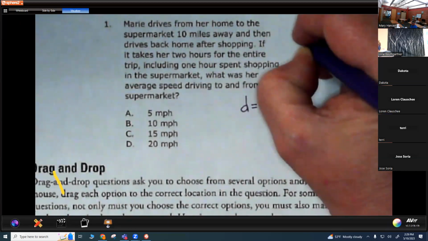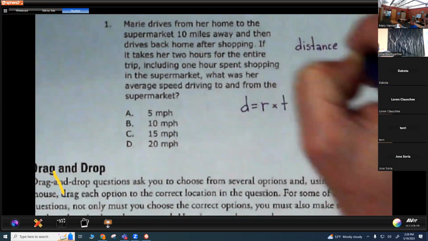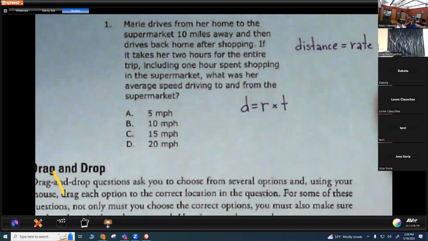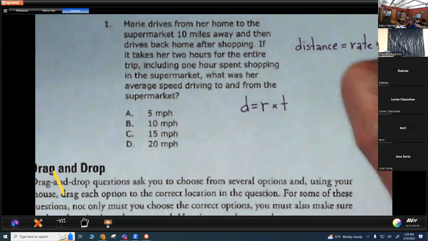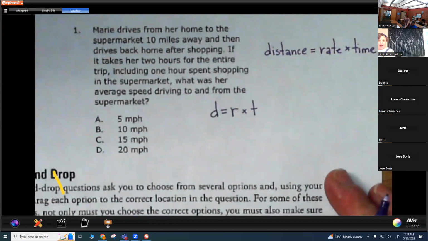So we know that the total distance traveled is equal to the rate of speed you're traveling at times the time that you spent.